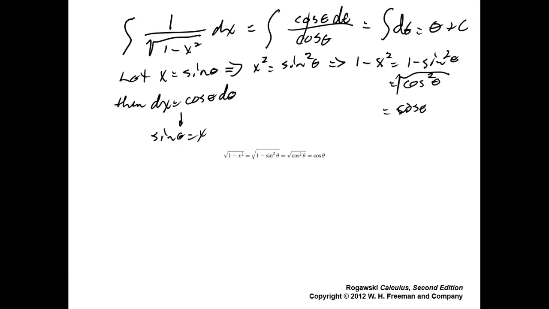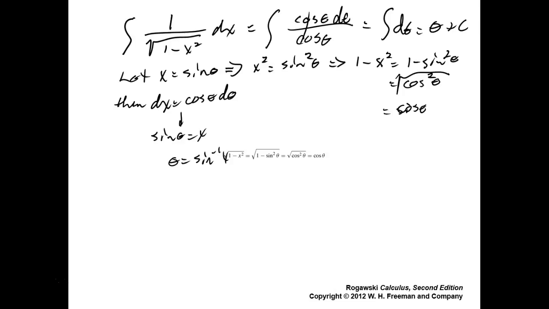It's a function, so you do the inverse function. Okay? So this would then be theta is equal to inverse sine of x. Now, that's why you're limited to minus pi halves to pi halves. Remember, for your inverse functions, they have to be 1 to 1. And where is sine theta 1 to 1? From minus pi halves to pi halves. That's why you're limited to that.